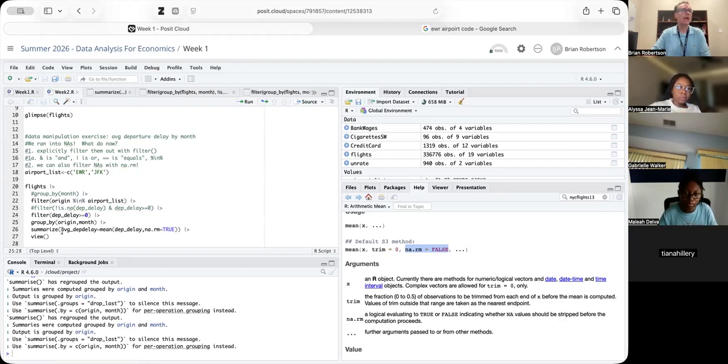Let me show you explicitly where this occurs. I want to do not just what's my average delay, but how many flights. Let's do n_flights equals n.